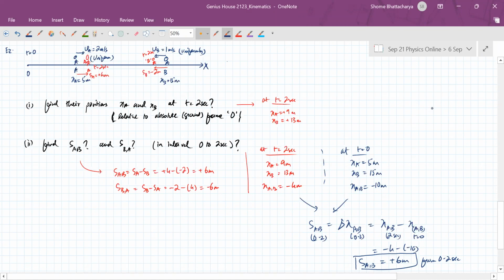So here you can see that if you were B, then what you would have seen is that initially at t equal to 0 with respect to you, A was over here.